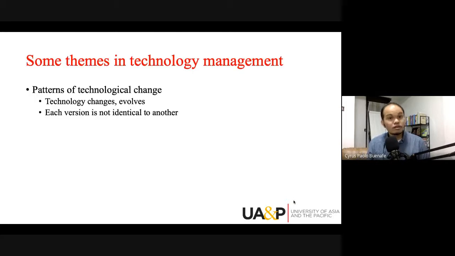Now, what are the themes that we will talk about in technology management? Certainly, these themes can be blown up into separate courses themselves. But the objective right now is just to give a good picture, like a good map. Depending on your interests later on, some of you would probably want to do a deeper dive into some of those themes.